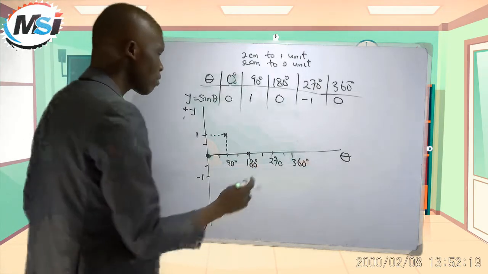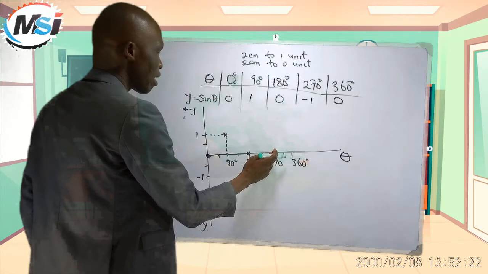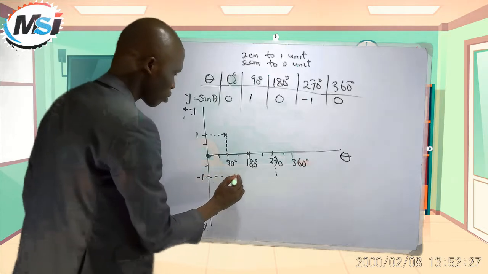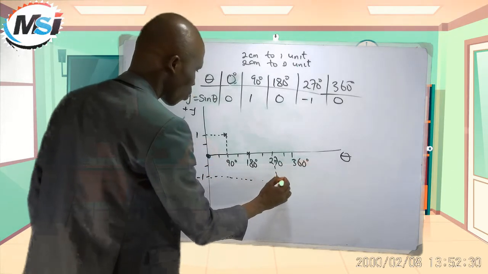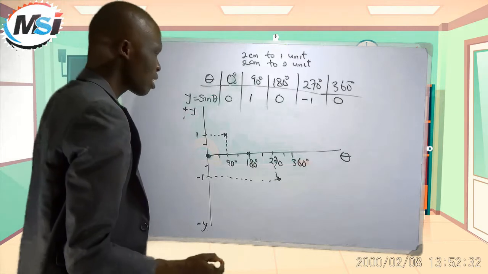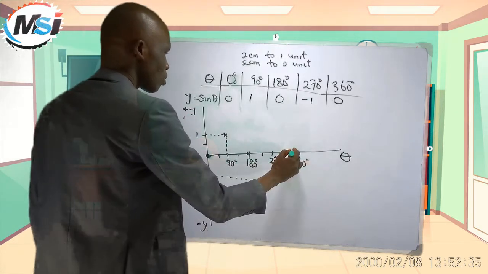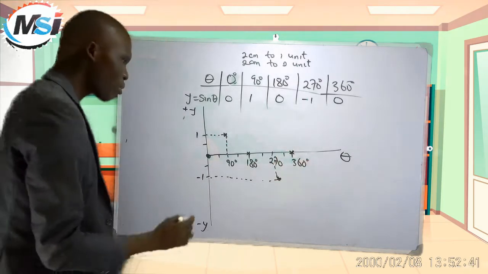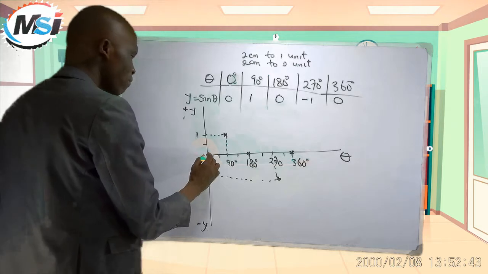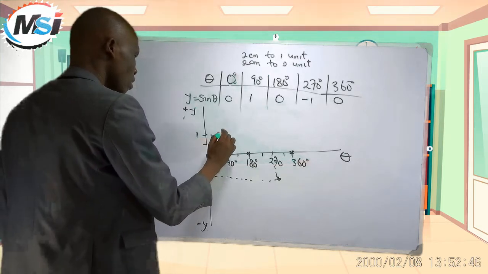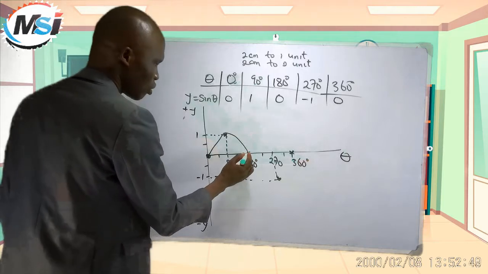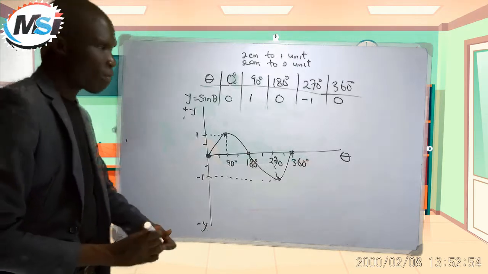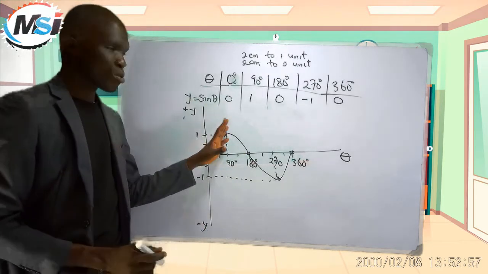Then at 270, y equals minus 1. You trace it down. Then at 360, y equals 0. Now from here you can see that the graph is a curve. Join this, right? So this is the graph of y equals sine theta.